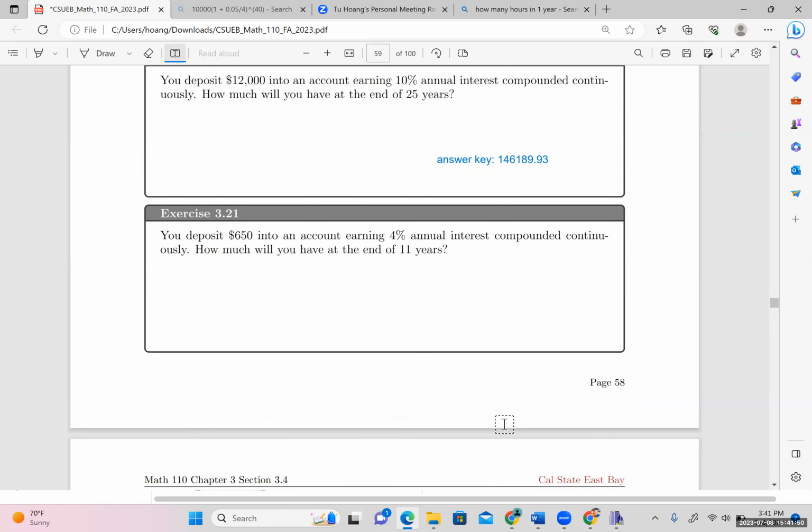And for the next one, the answer key will be $1,009.26.